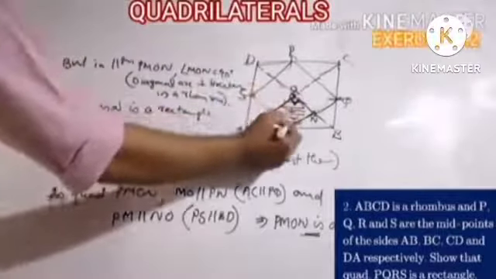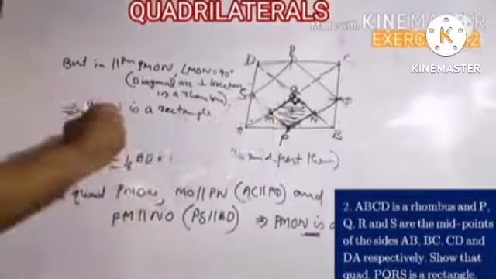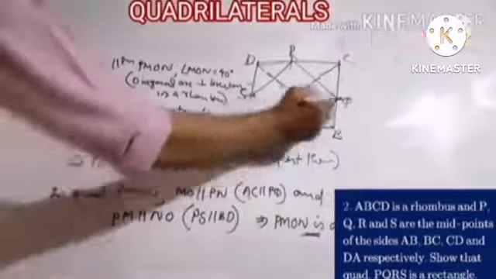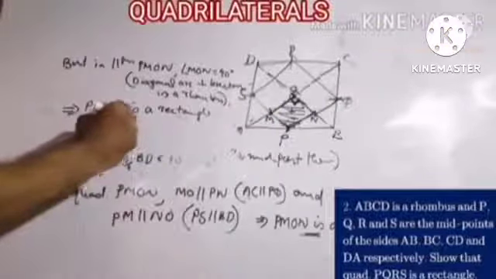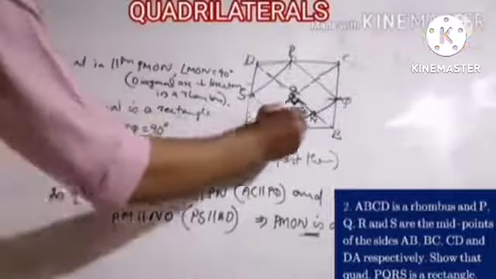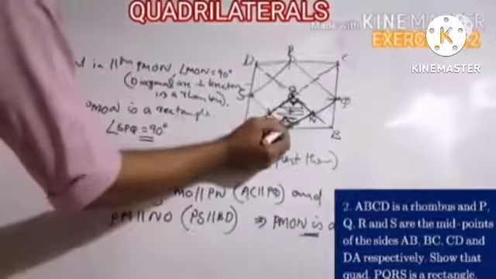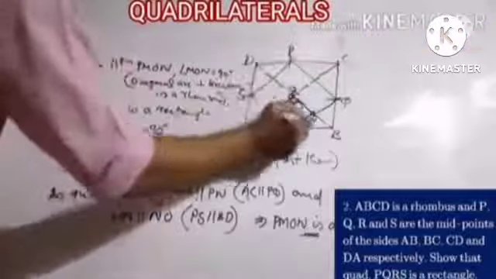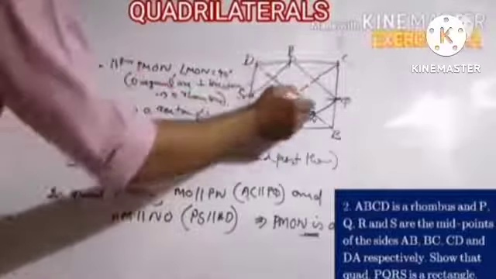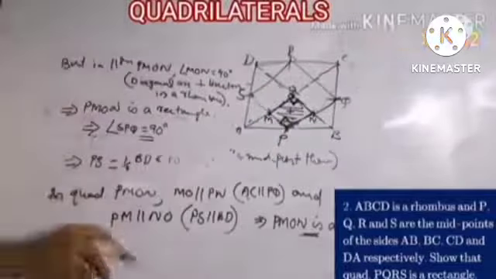A parallelogram with a right angle is a rectangle, which implies this angle P, angle SPQ, equal to 90 degrees. Okay. Now this angle becomes a right angle. This right angle is an angle of PQRS. Already we have PQRS is a parallelogram. Now in this PQRS, one angle is 90 degrees, then PQRS becomes a rectangle.